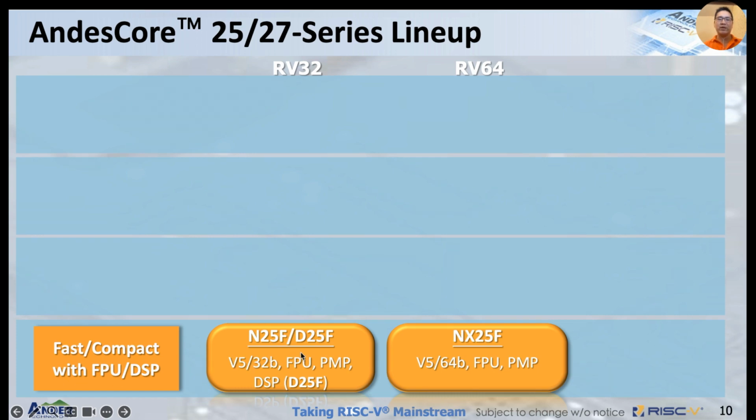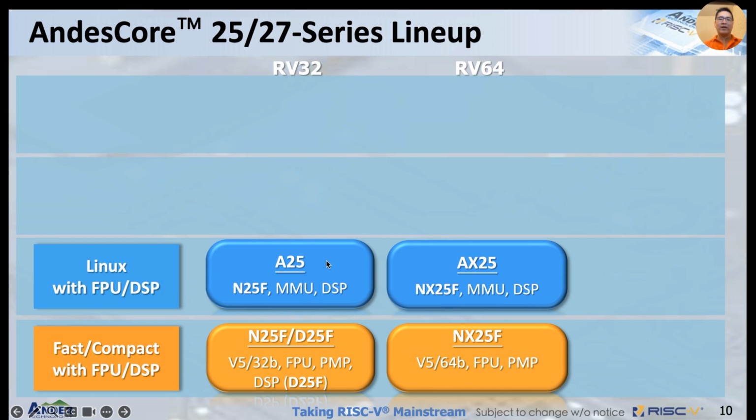And it has a version that supports DSP, D25F. And the 64-bit version is the NX25F. And if we add MMU to the baseline, the A25 and AX25, they can support the Linux operating system.